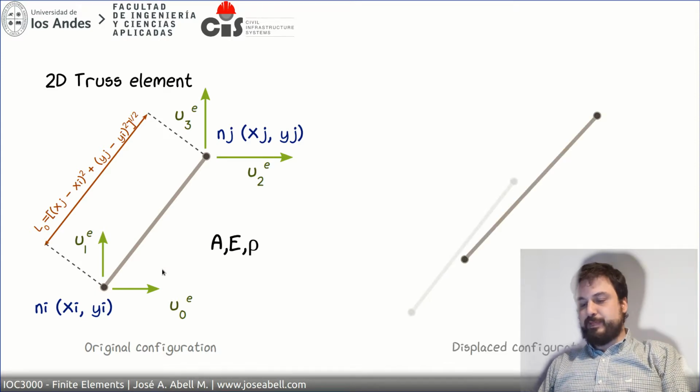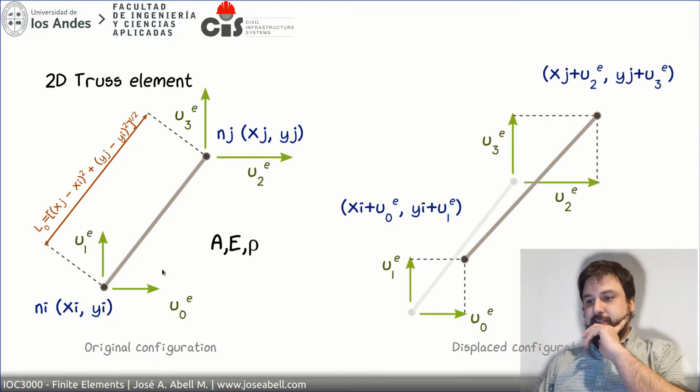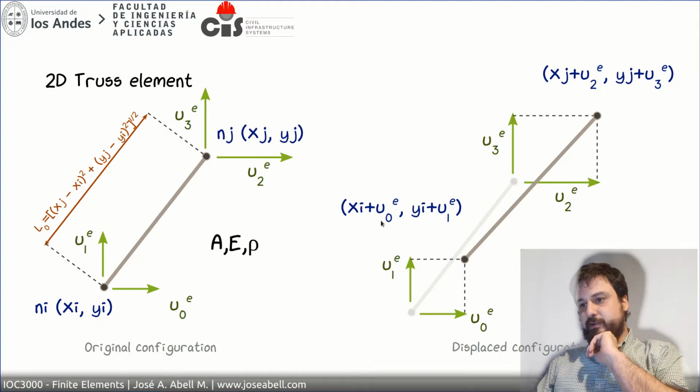Now, the displaced configuration is the final position of the truss bar once equilibrium in the global structure has been reached. So we can think that the position of those nodes after they have been displaced is just adding the corresponding degree of freedom. U0 in this case adds to the x component of the I node and such.